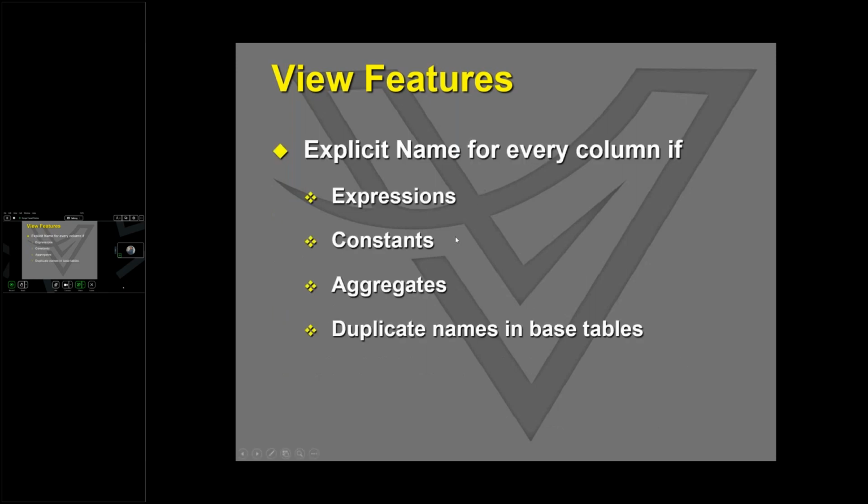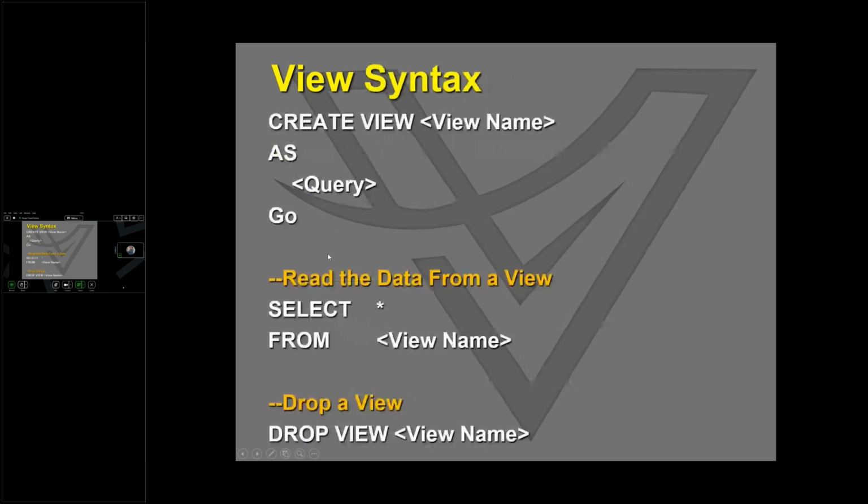So explicit name, we'll see this. Order by keyword is not supported for the view, don't worry. So we'll see all those things. Very simple syntax to create a view, same as creating a table. Okay, create view, you can provide some kind of view name, as. So you can write the query, whatever the requirement you have, you can write that particular requirement.